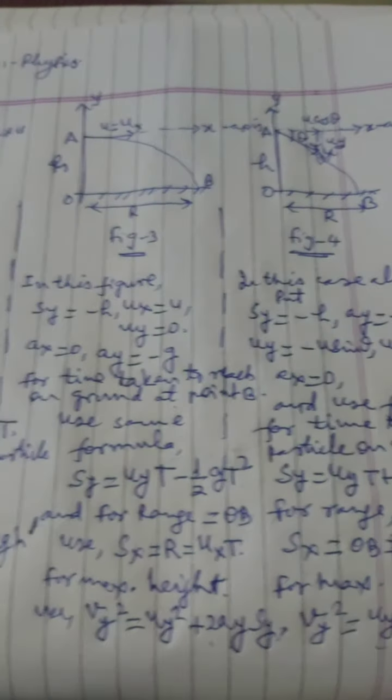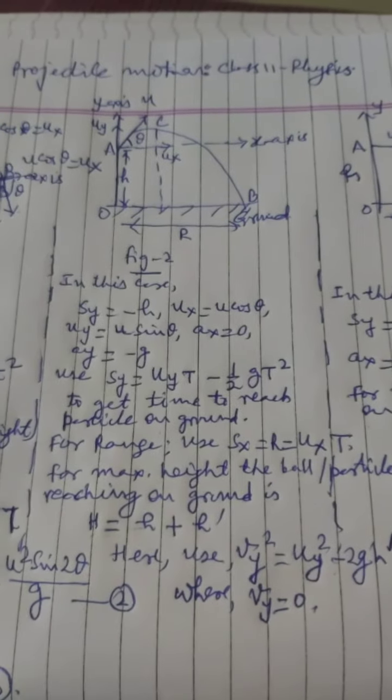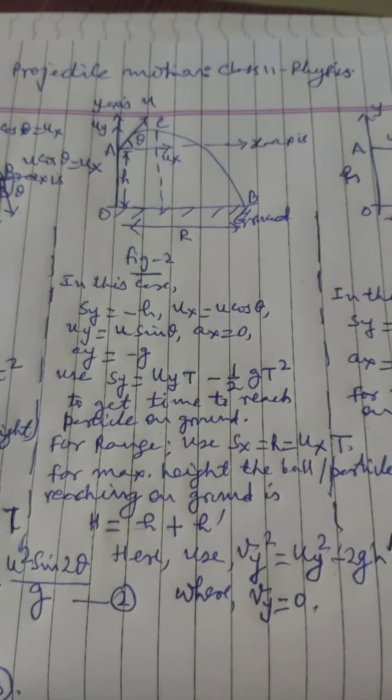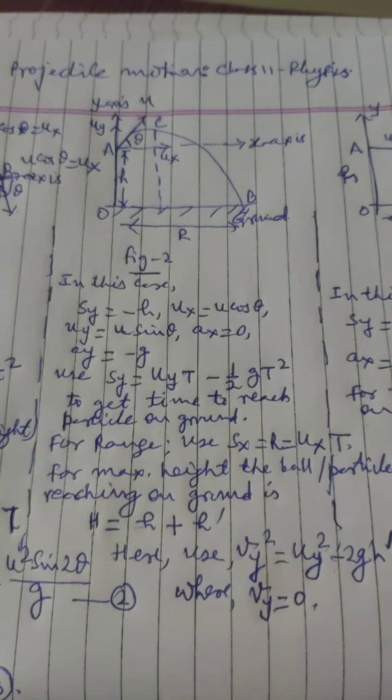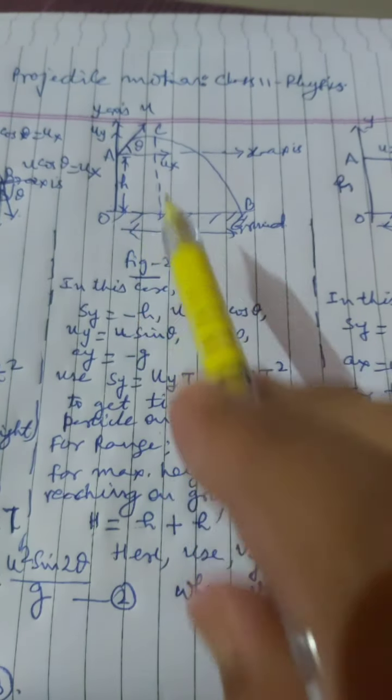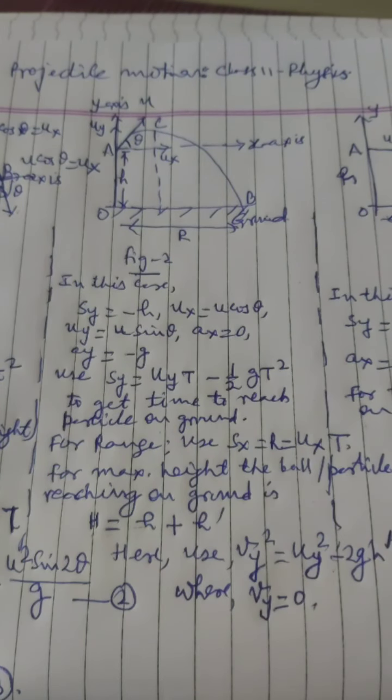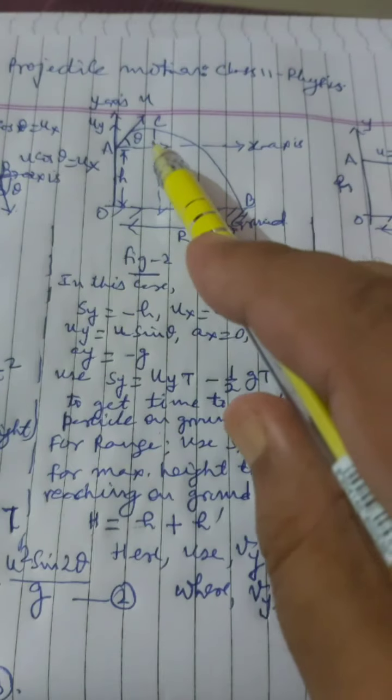So in this way, if I have one question, say in figure 2, a particle is thrown from a tower of height 40 meter. So here h will be 40 meter, with speed 20 root 2.